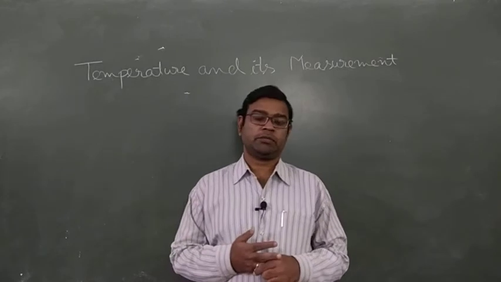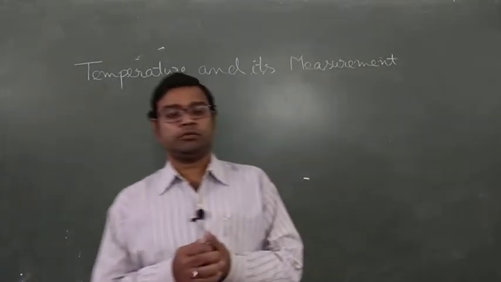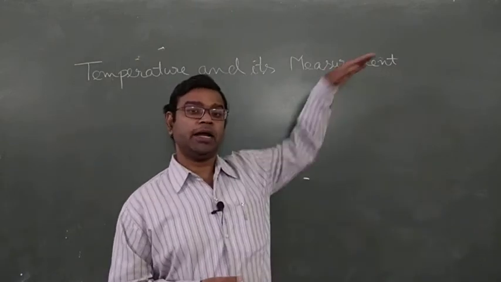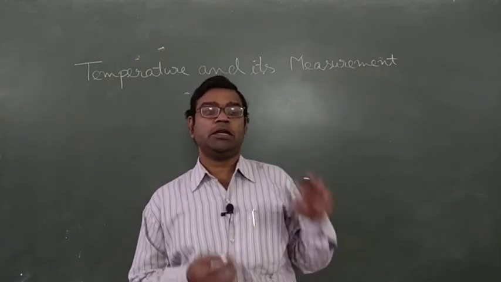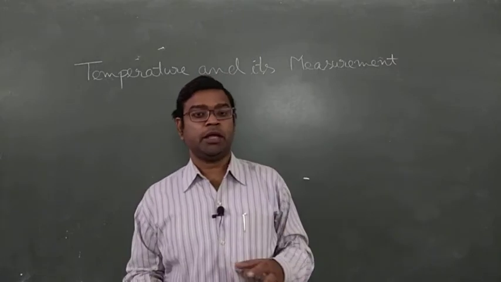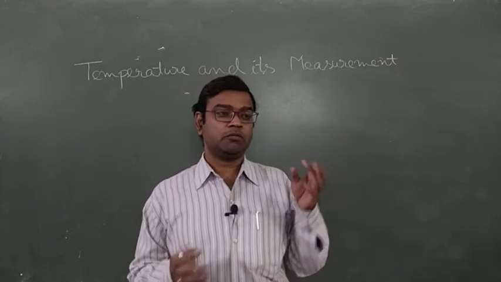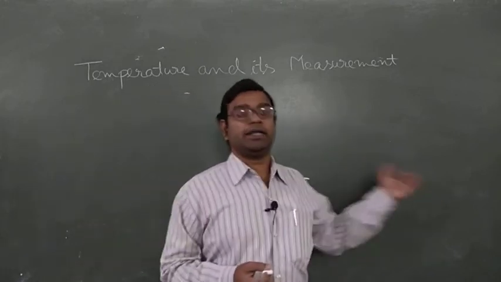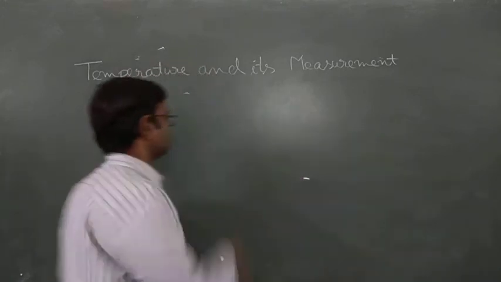So let's start. As we know, heat energy always flows from a higher level to a lower level. If there is a hot body and a cold body, what is the meaning of hot body and cold body? Hot body means having high temperature, a high amount of heat energy.